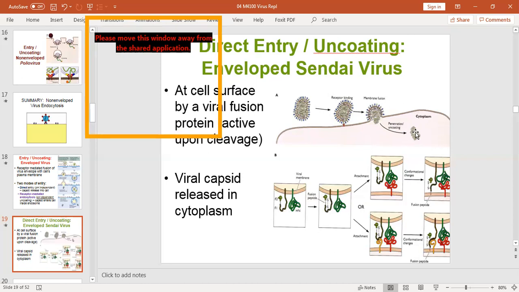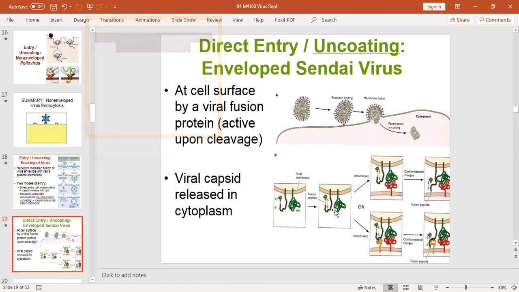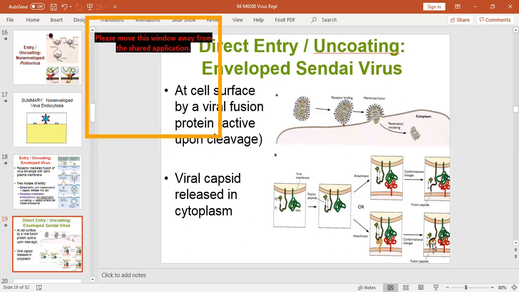Upon this fusion, there would be a conformational change in a viral fusion protein, which becomes active upon cleavage. This is the fusion peptide, as you can see. It's a change in its conformation, and then after that, virus gets into the host cell cytoplasm.